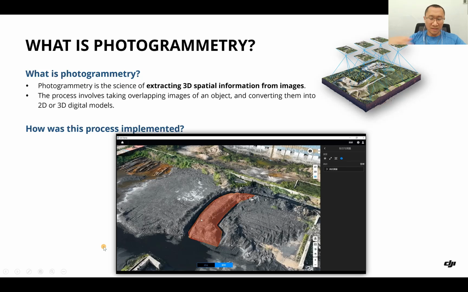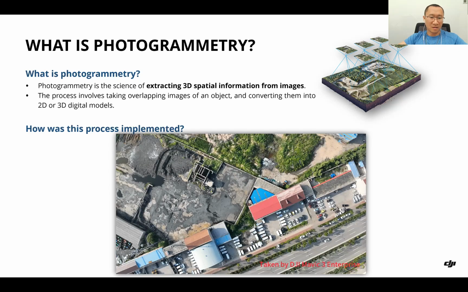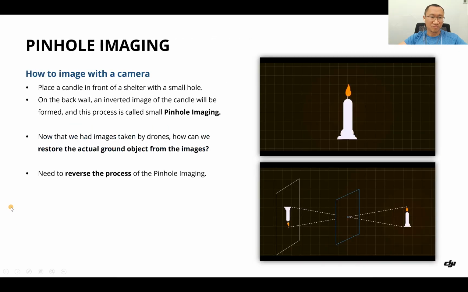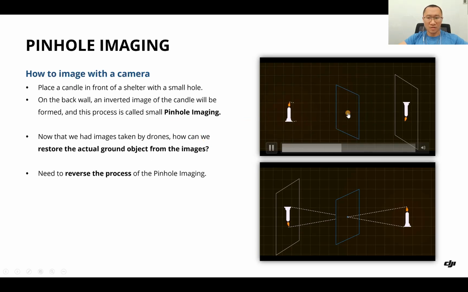But to better understand this science or this workflow, we should start from the very beginning. So let's start with pinhole imaging. It is the process of how to image with a camera. For example, we place a candle in front of a shelter with a small hole.